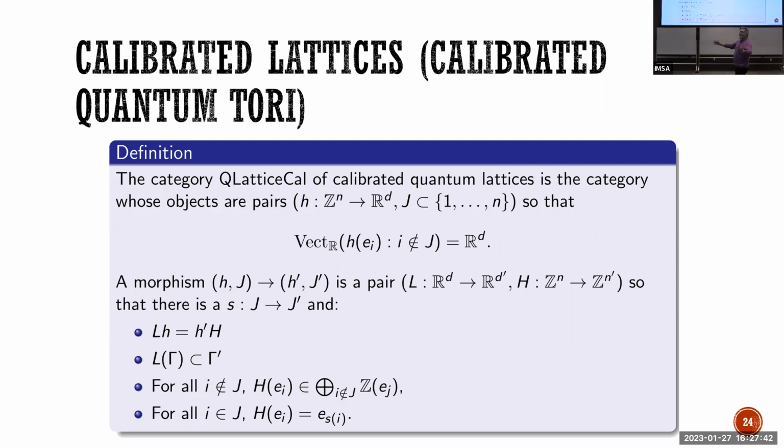So you have the gamma and the extra J thing is mark points in gamma. And you may want to have no mark points whatsoever, or to have some mark points in gamma. And I'm marking this point because, again, this is going to be the analogue of the marking points on curves among the moduli spaces later on. In any case, we have the notion of calibrated quantum lattice.